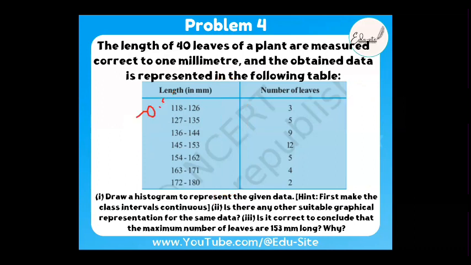On the lower limit, you are going to do minus 0.5, right? On the upper limit, you're going to do plus 0.5. This should be noted. Once you're done with the table, please let me know.